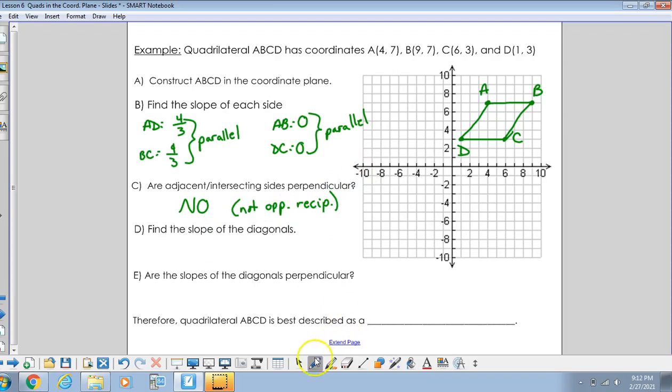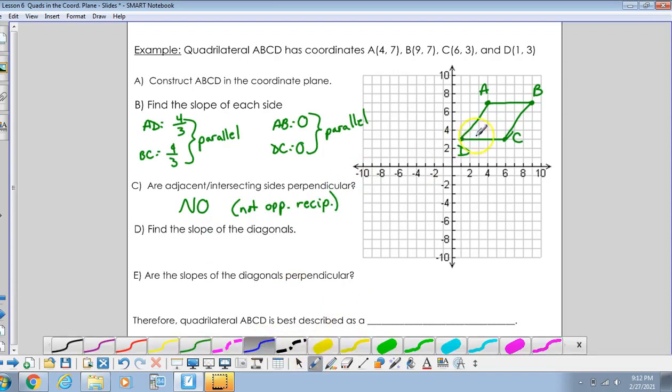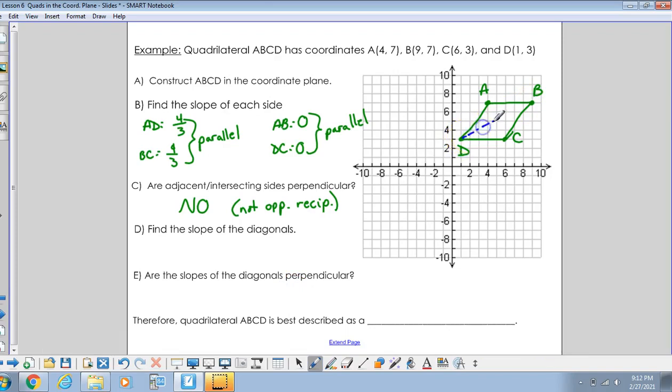Now let's look for the slopes of our diagonals. Okay, so our diagonals, we've got DB right here. This slope for DB going up 1, 2, 3, 4, and right 1, 2, 3, 4, 5, 6, 7, 8. All right, 4 over 8. We can simplify that. It's 1/2.